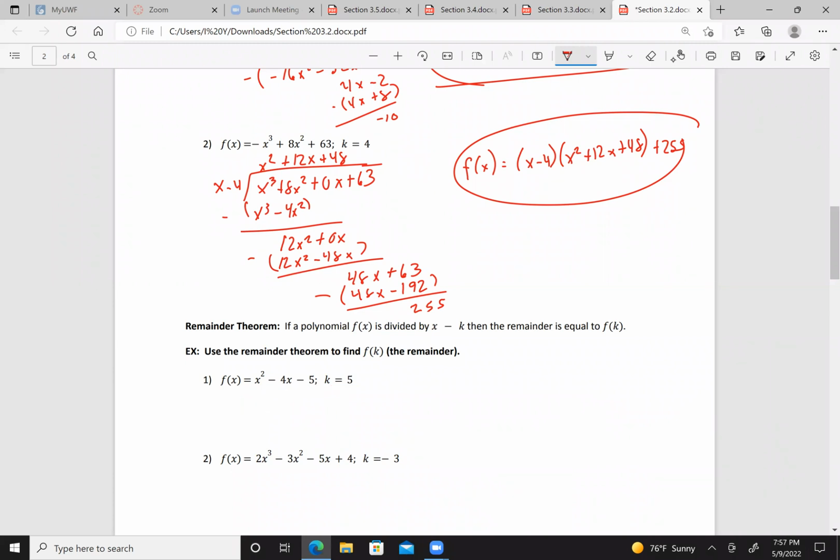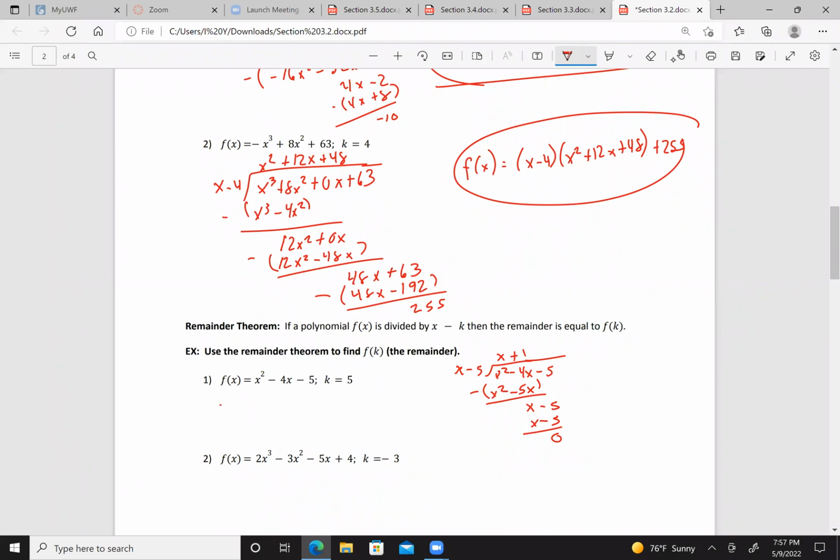X minus 5 goes into x squared minus 4x minus 5. So we have x, which gives me x squared minus 5x. Subtracting that, I get x minus 5. So I get plus 1, and x minus 5 gives me a remainder of 0.